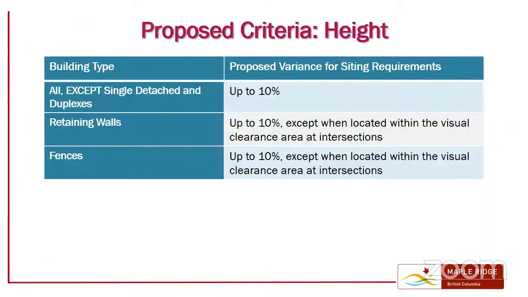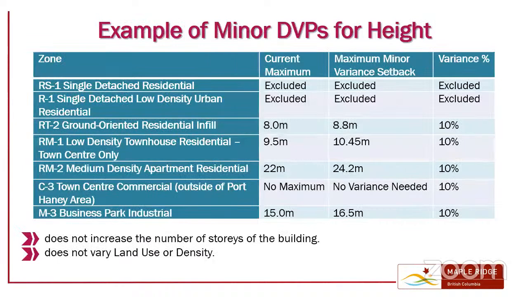In terms of the third area, height, for proposed criteria we're looking at up to 10% of a height variance for all uses except for single detached and duplexes. That means the RS1 single detached and R1 single detached would be excluded from this, all single detached and duplexes.